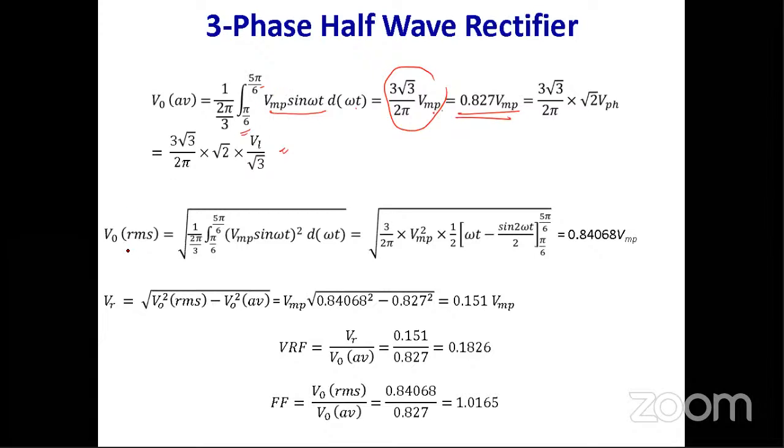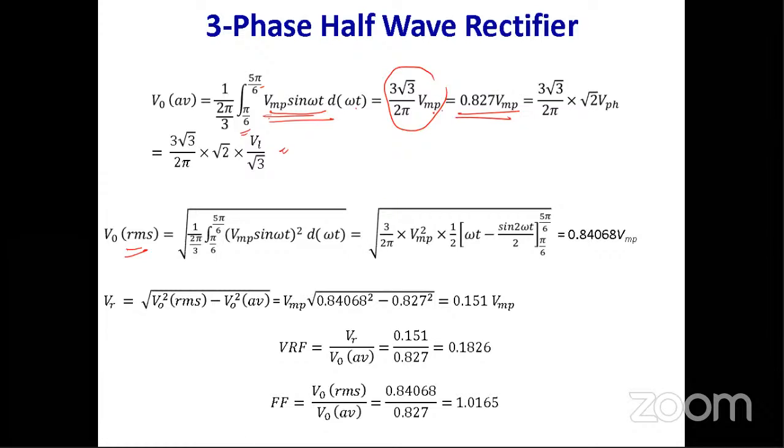Now we want to find V0 RMS, that is, the RMS value of the output voltage. You have to consider the equation in a similar manner, with (VMP sin ωt) squared dωt. This is the very traditional equation for finding the RMS value.